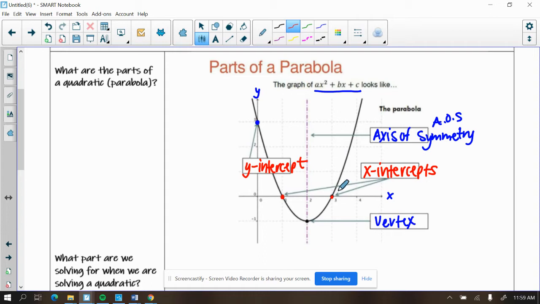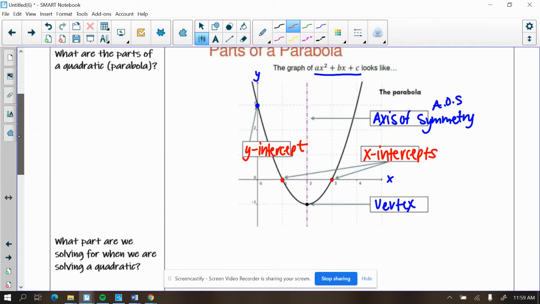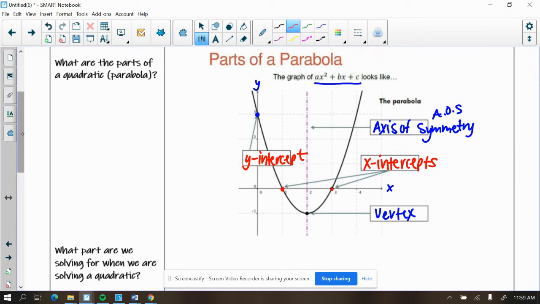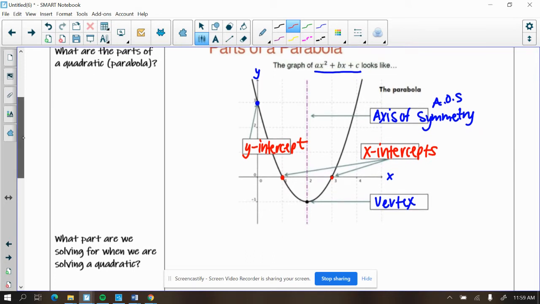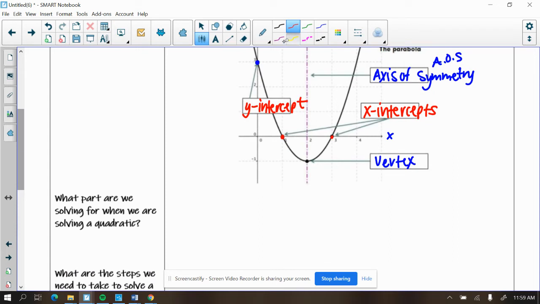Sometimes there's one x-intercept, sometimes there's two. And when we are solving, we are actually solving for those x-intercepts, okay? So we're solving for the x-intercepts.